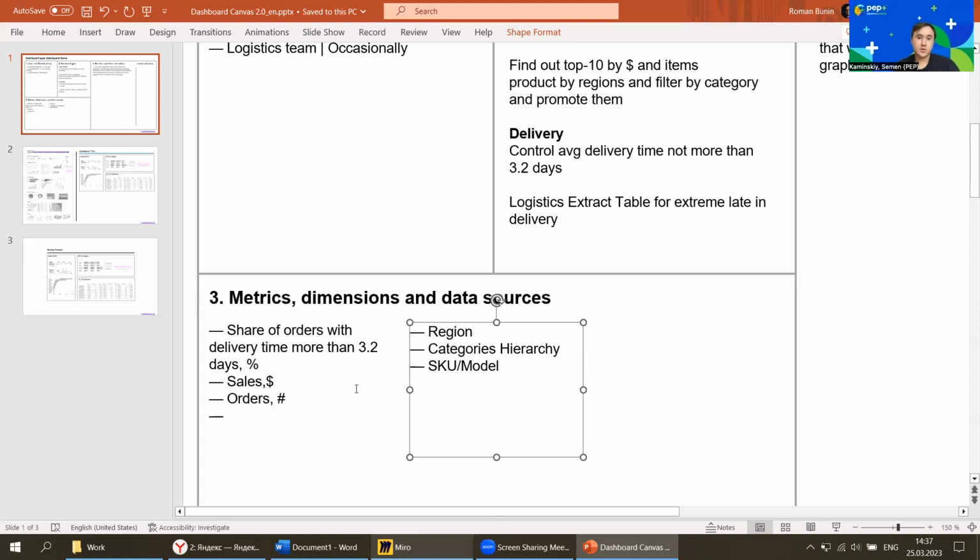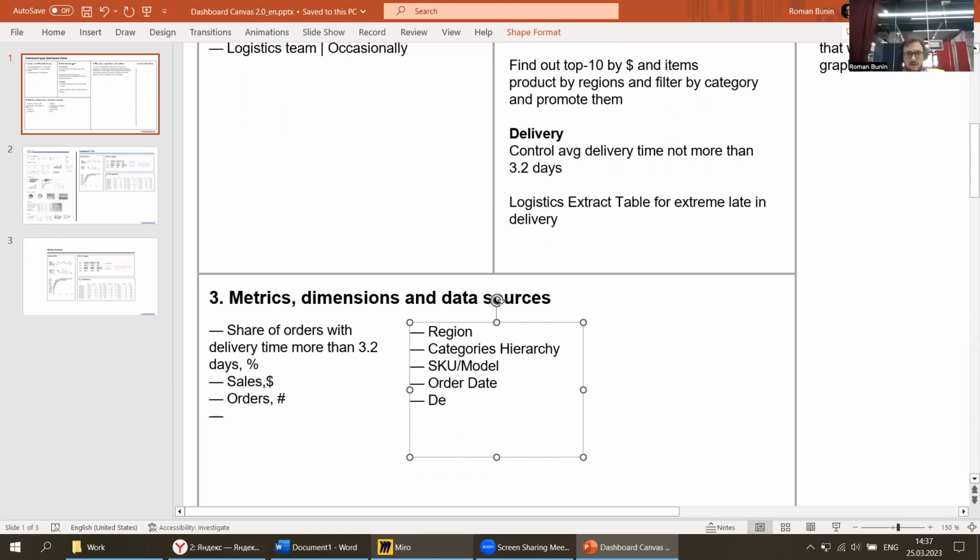And also daily data, I'd say it should be. By the way, we have two dates here. Don't mess with it, because we have the order date and we also have the delivery date.